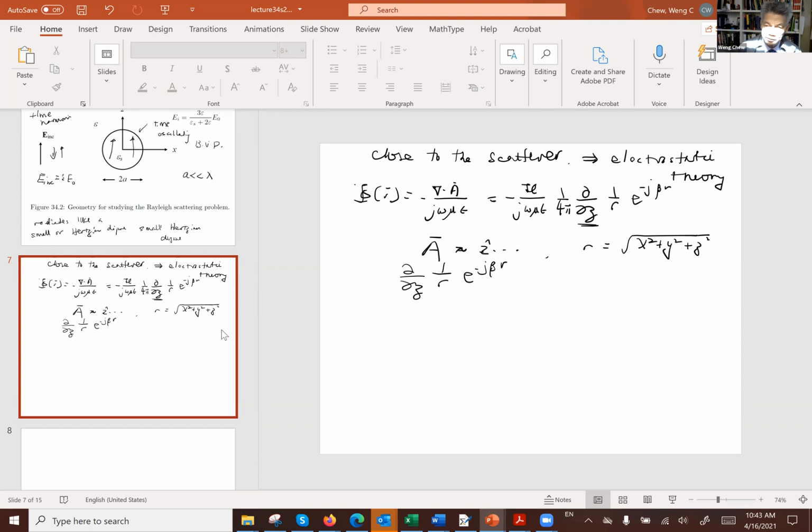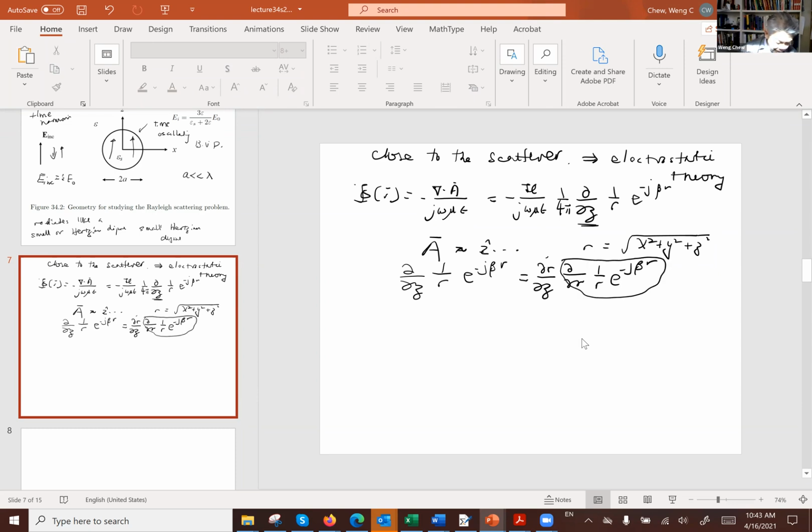If you know this connection, then the differentiation can be written as partial R, partial z. We can write this derivative in this manner, and it's a lot easier to differentiate this expression with respect to R.